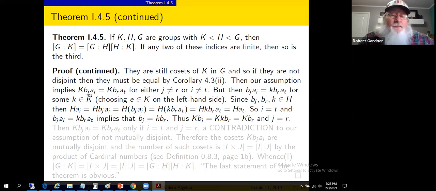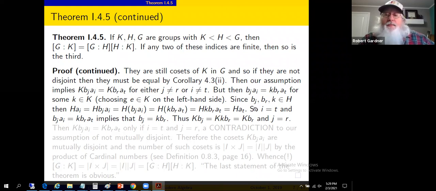Let's choose the identity from subgroup K, which produces B sub J A sub I. Well, on the right-hand side, since the two sets are equal, there's got to be an element of this set that equals this B sub J A sub I. Call it K times B sub R A sub T. If the sets are equal, certainly I can choose the identity on this side. There's a choice for an element of K on the right-hand side that produces the same thing. The sets are equal, they contain the same elements. So we're led to consider this kind of equation here.